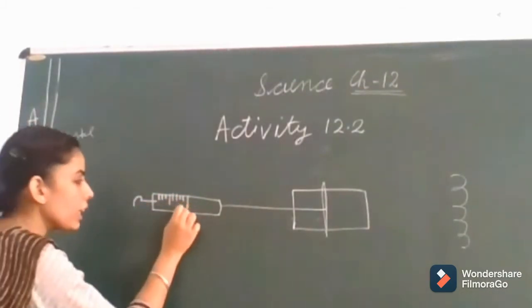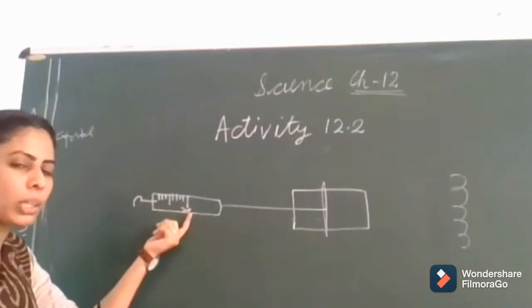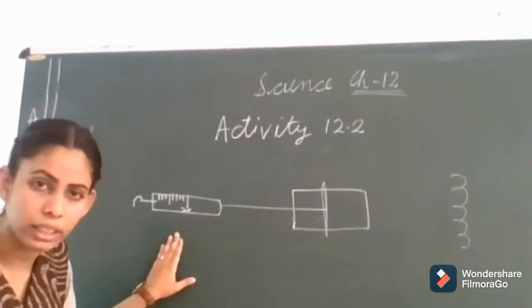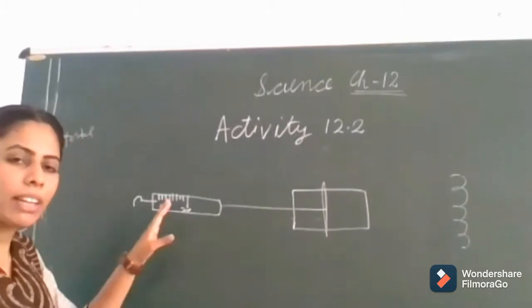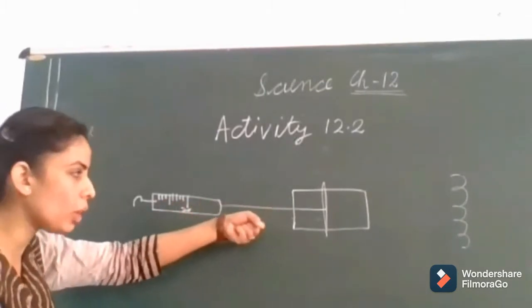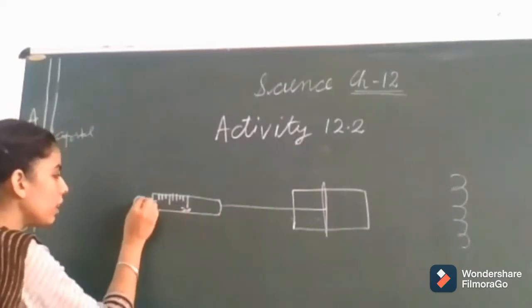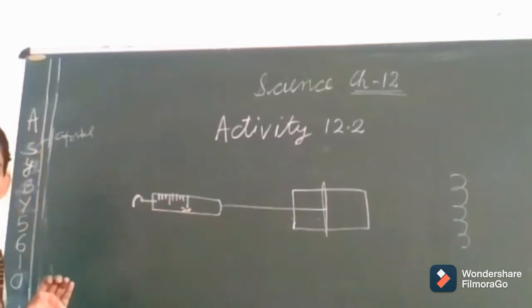If it is 20 Newton, then the reading will be at 20. If it is 30 Newton, then the reading will be at 30. Whatever the force that you are applying for pulling it, the reading will be shown on this spring balance.